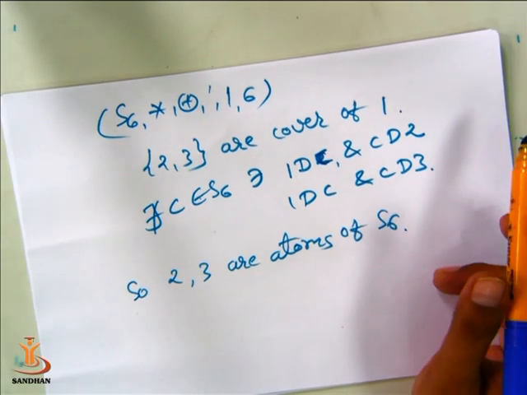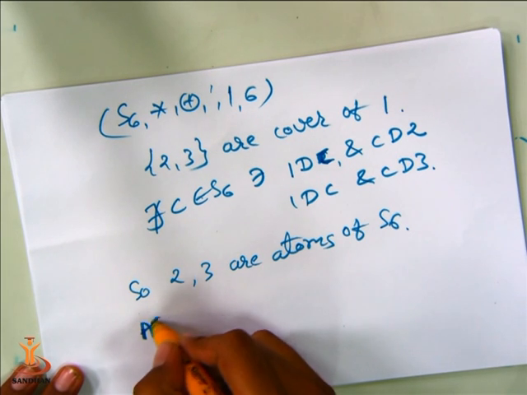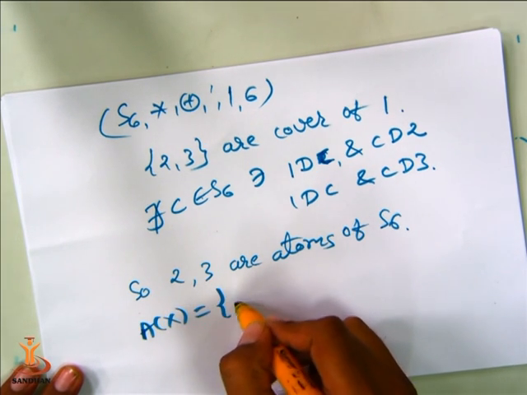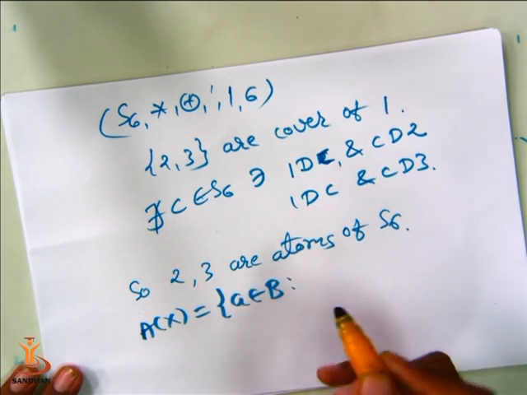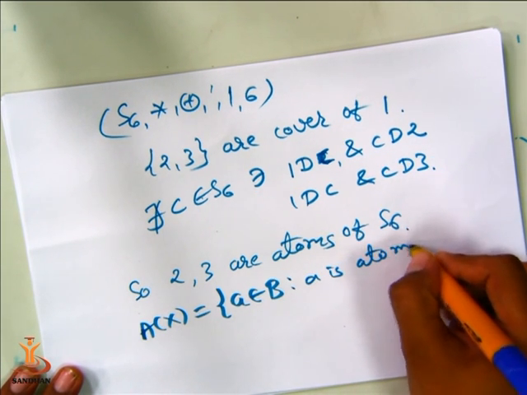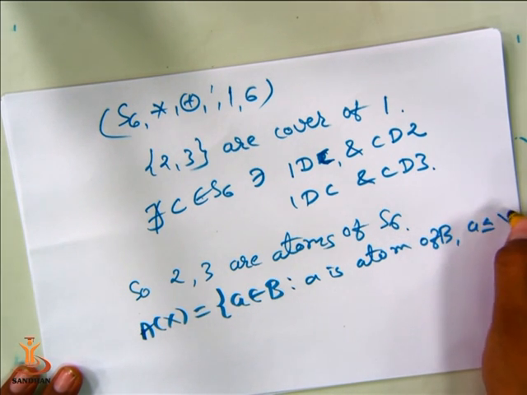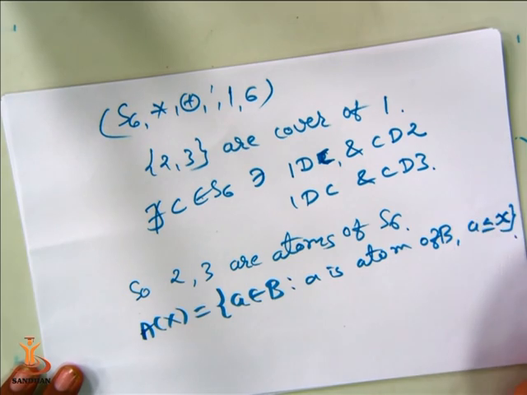So the atom set is for S6. Now its notation is that A of x is equal to the set of A from B such that A is an atom of B and A is less than or equal to that element x.